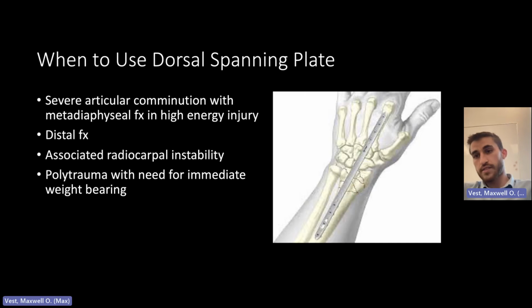So I want to discuss when to use a dorsal spanning plate, and here are a couple indications. Severe articular comminution with a metadiaphyseal fracture and a high energy injury, very distal fractures like we discussed, associated radiocarpal instability, and then polytrauma with the need for immediate weight bearing.